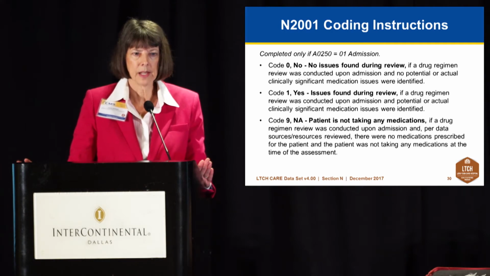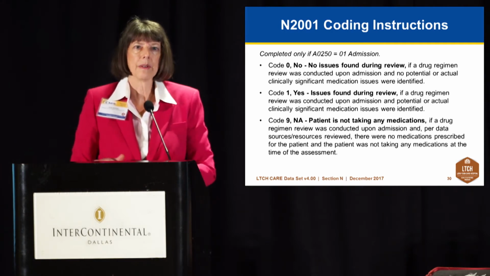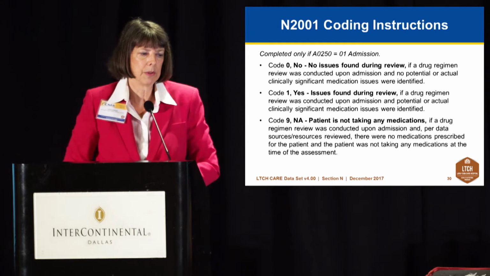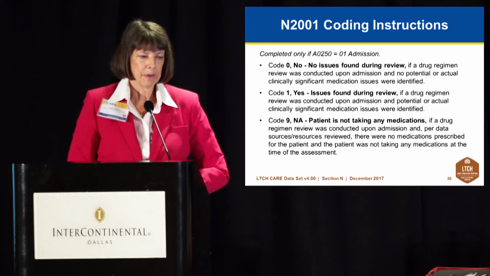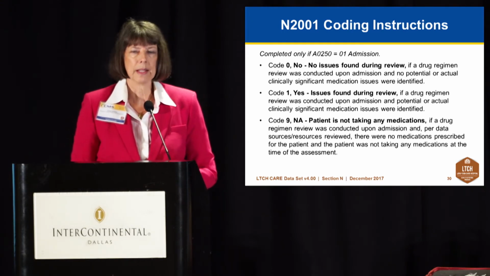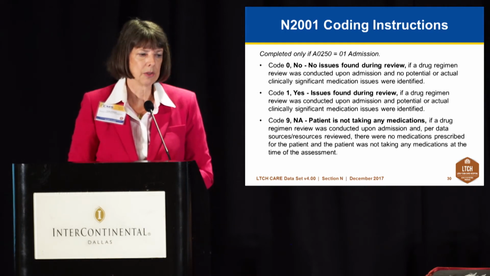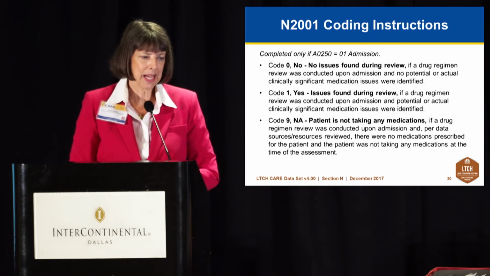And again, this is if during the drug regimen review upon admission, potential or actually clinically significant medication issues were identified. And then code 9, in this case, not applicable, means that the patient is not taking any medications.